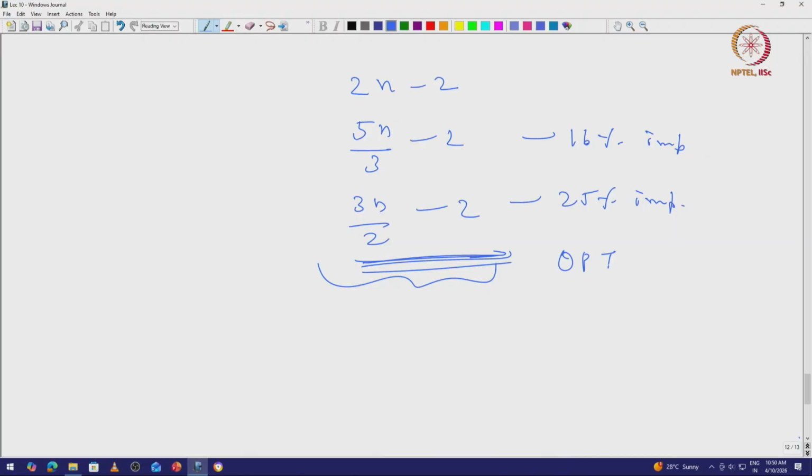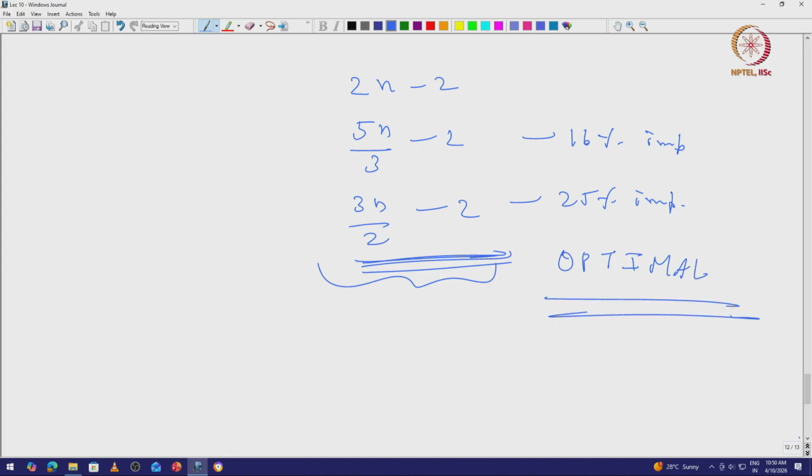Is there any other way in which I can bottom out and reduce it further? No. Is there any other technique I can use to improve further? The answer is no. 3n by 2 minus 2 is a lower bound. In other words, this is optimal.